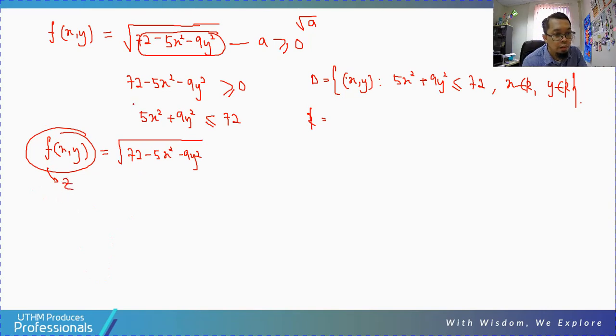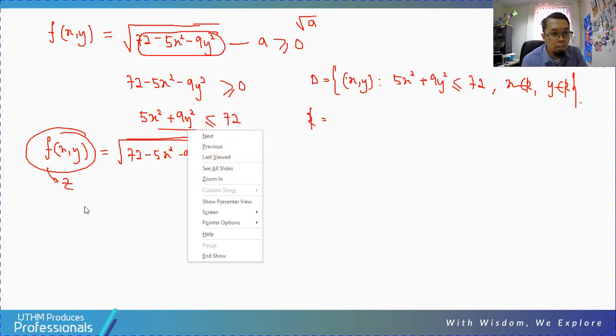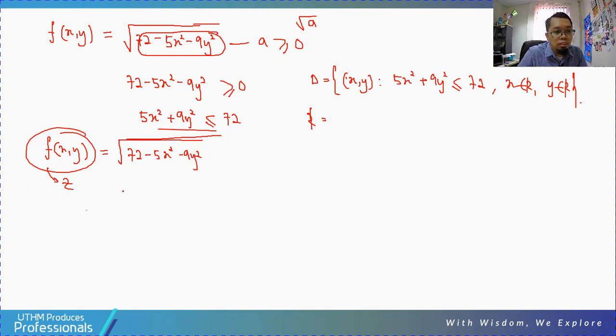Okay, so you look here at 5x² + 9y². So to make it easy, put equal. This form is the basic equation for the ellipse.